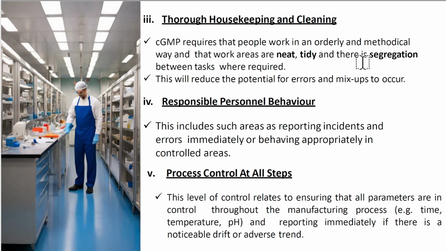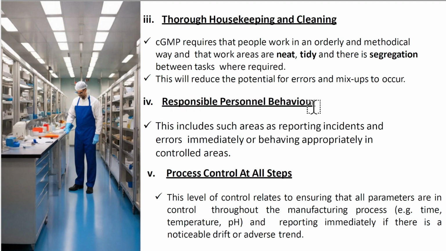So this is segregation in terms of space, I'm guessing. One particular area cannot have more than one activity or process, as that could lead to confusion or cross-contamination. This will reduce the potential for errors and mix-ups to occur.